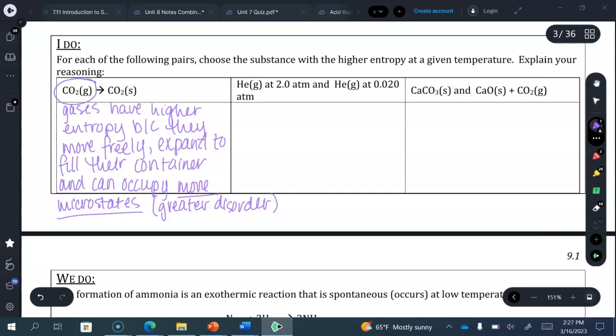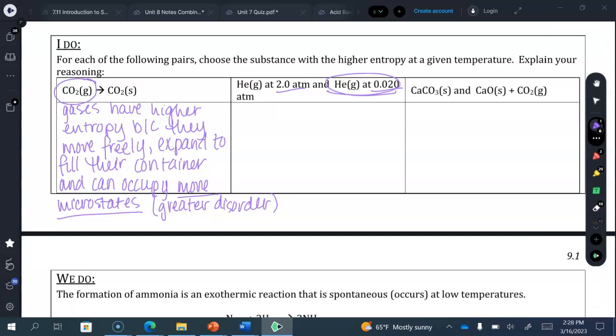Okay, so looking at helium gas at 2 atmospheres and helium gas at 0.02 atmospheres, when we refer back to our notes, we know that if we have less pressure, it has more space available to it to occupy. So we would say that helium gas at 0.02 atmospheres, and I'm going to actually circle it above so I have more room, would have higher entropy.